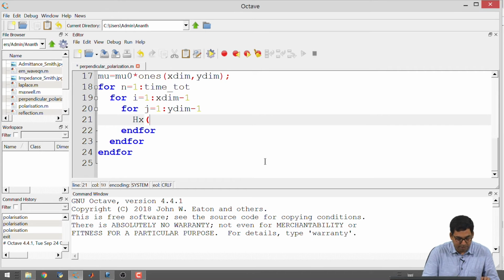So, I will just say Hx of i comma j I will update first, okay, is equal to Hx of i comma j plus delta t divided by delta z mu of i comma j times Ex of i comma j plus 1.